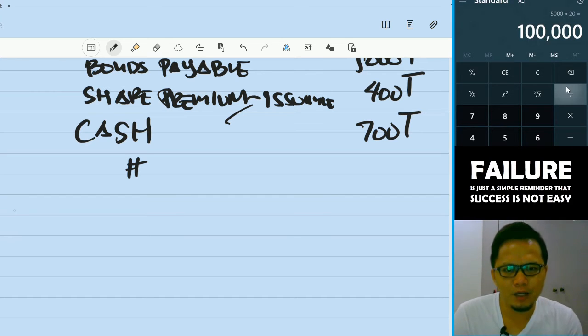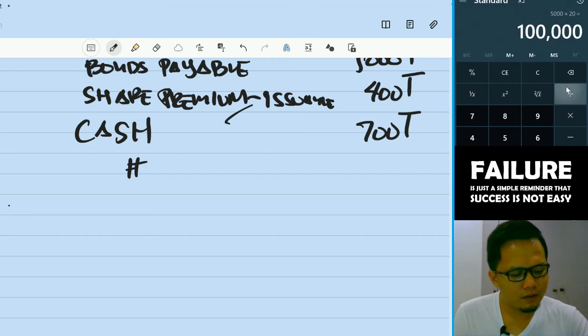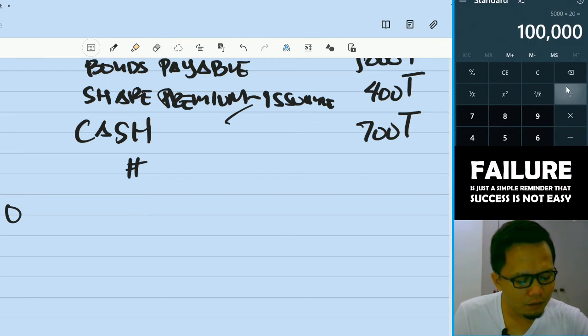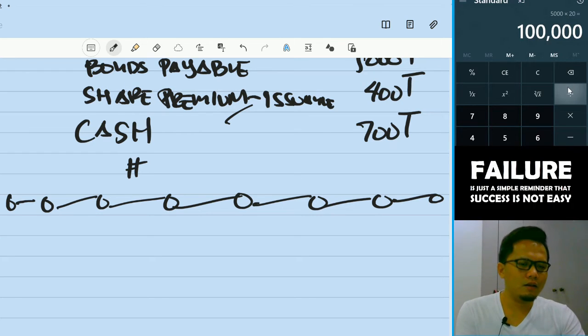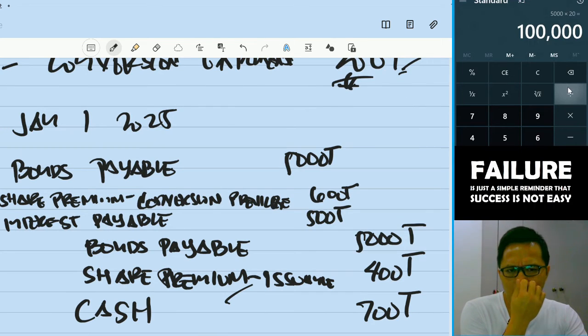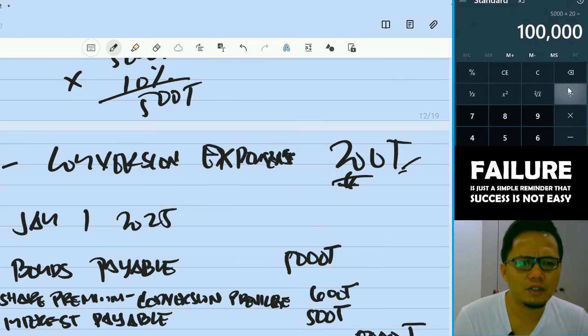Okay. Now, what if, instead of converting it, the holder or the investor of the bond forfeited its conversion privilege and instead opted to be paid with cash.